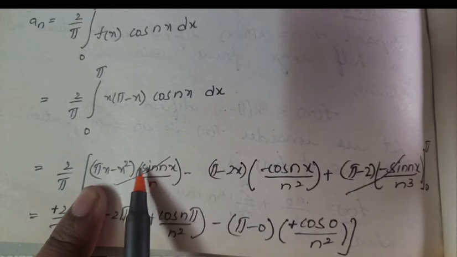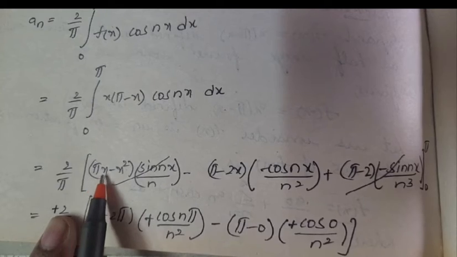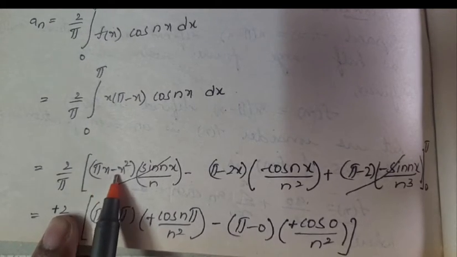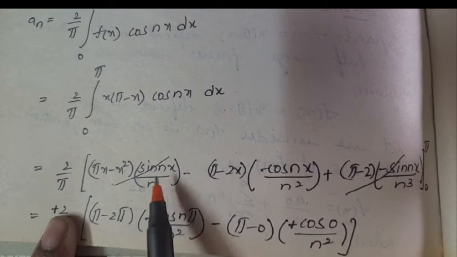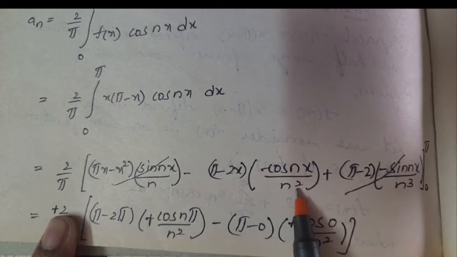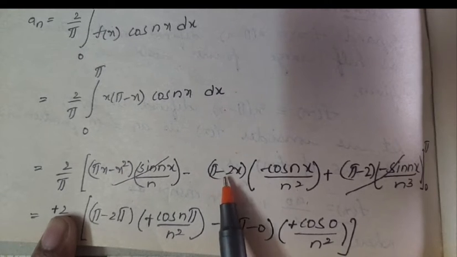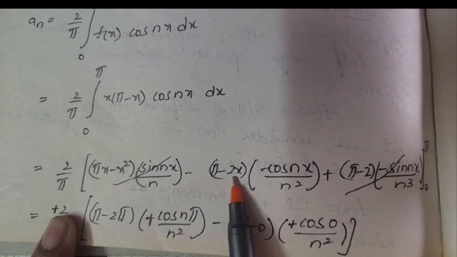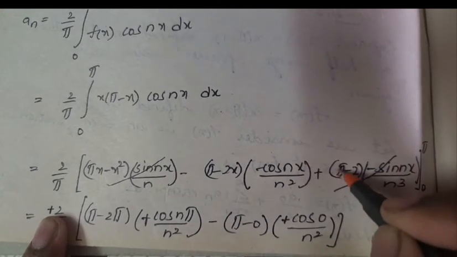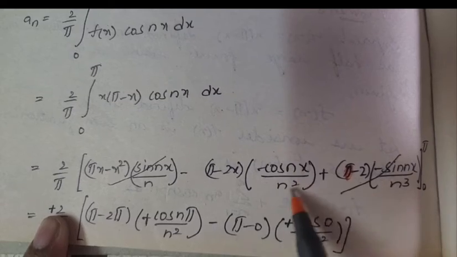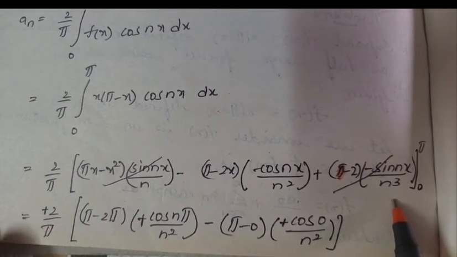Integral of cos nx is sin nx by n, minus derivative of this: derivative of pi x is pi minus derivative of x square is 2x. Integral of sin nx is minus cos nx by n square, plus derivative of this: this is 0 minus 2x, so this is 2, the derivative is 2. Integral of this is minus sin nx by n cube, between the limits 0 and pi.